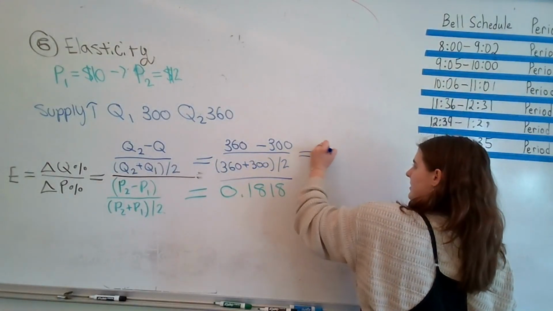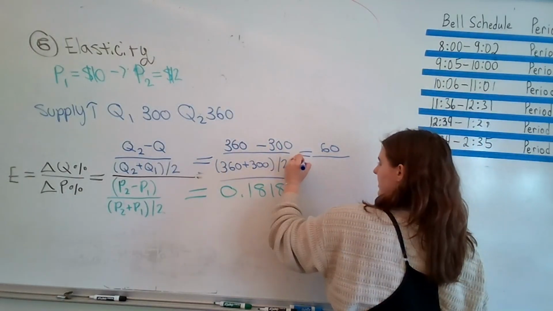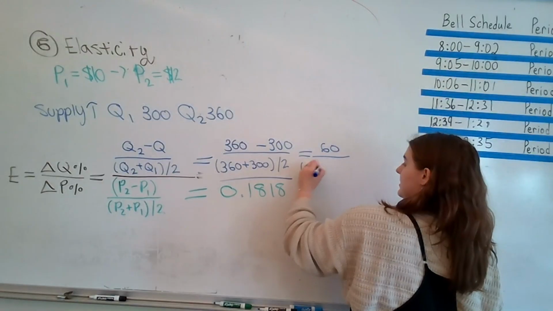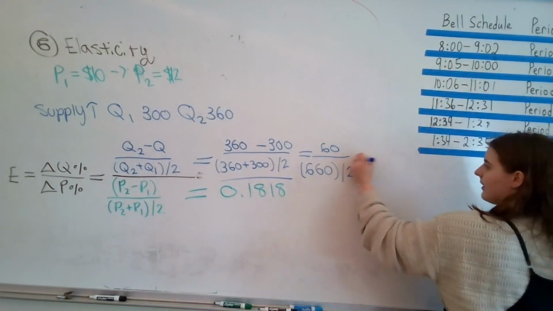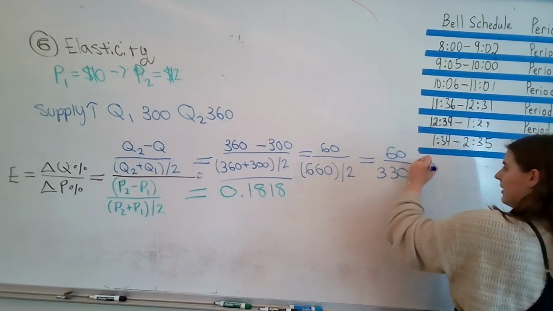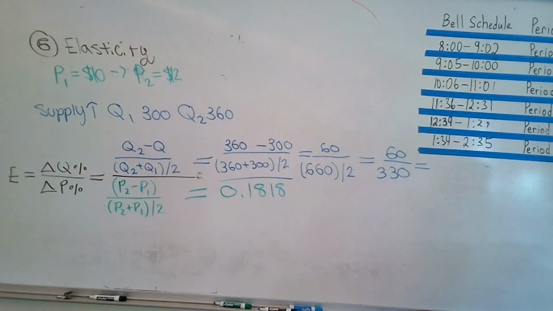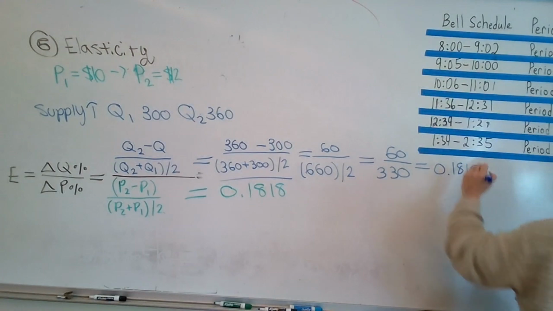So we got 60, 360 minus 300. 360 plus 300 is 660. We divide that by 2. We get 60 over 330, or we get 0.1818.